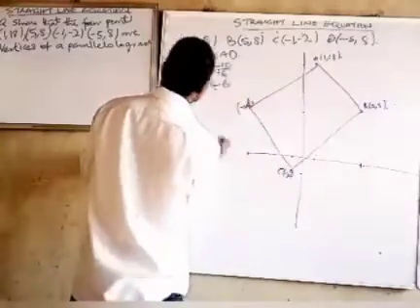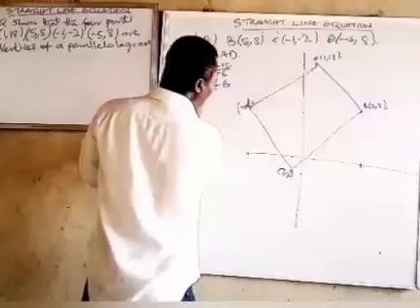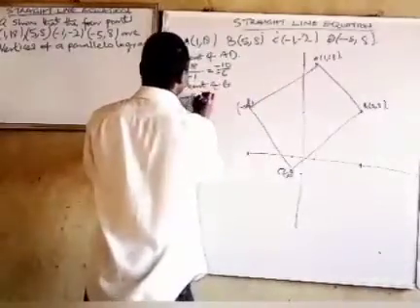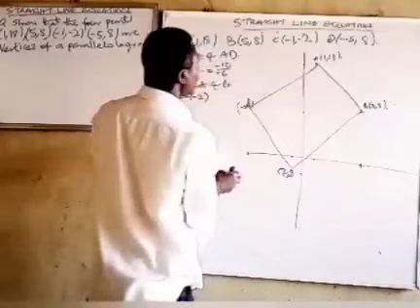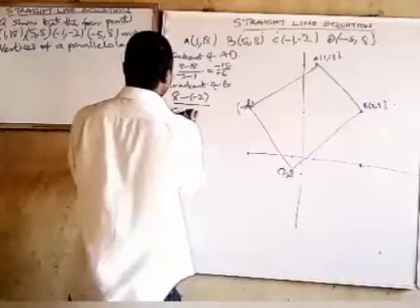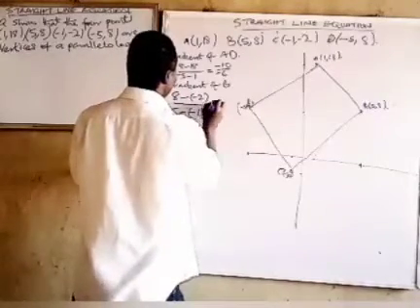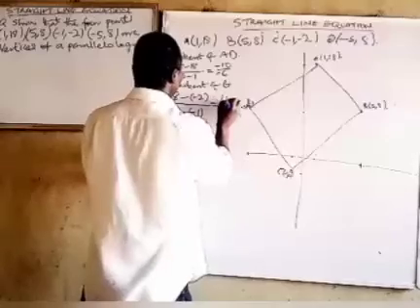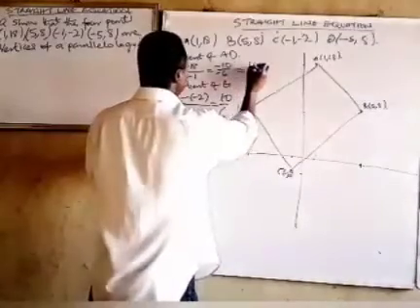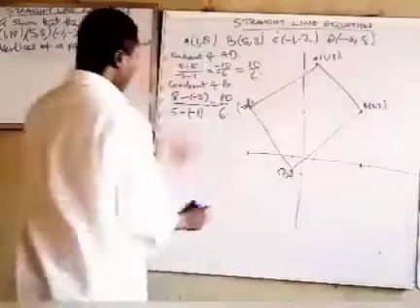So that will be 8 minus 2 over 5 minus 1. So that will give us 10 over 6. So you can see that the gradients are equal for the opposite side here.